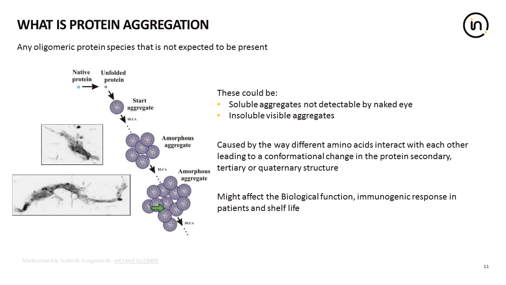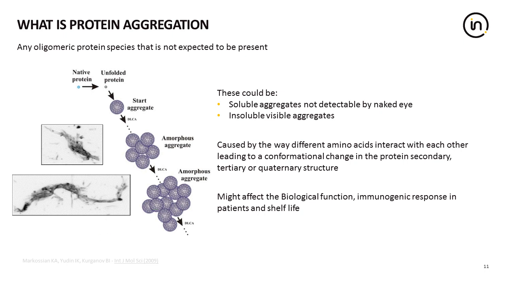It can be caused by the way different amino acids interact with each other, which can cause a conformational change in any part of the protein folded structure. And this is a very relevant part of biopharmaceutical characterization because it might affect biological function, shelf life, and activity. It can elicit an immunogenic response in patients.